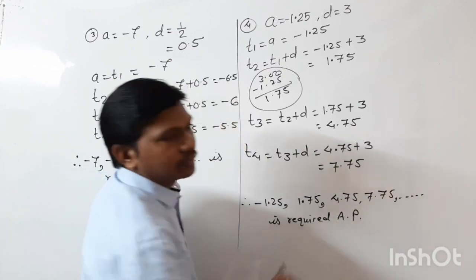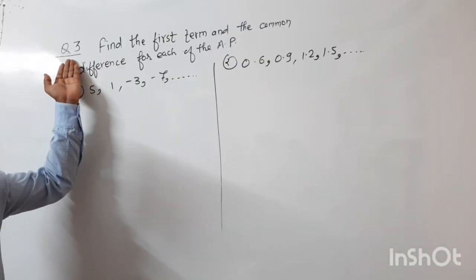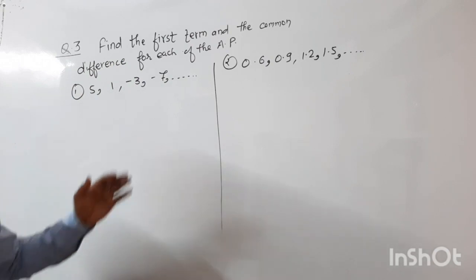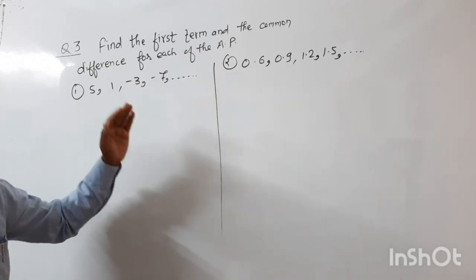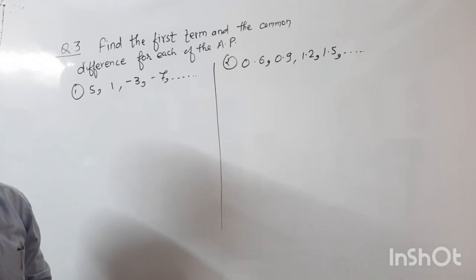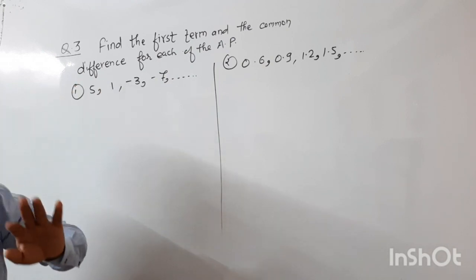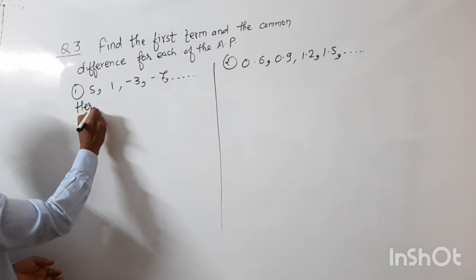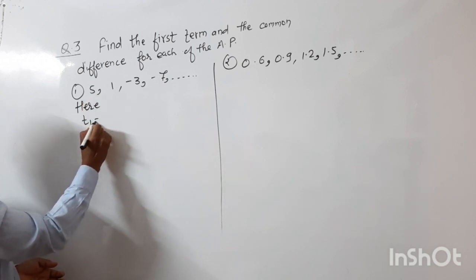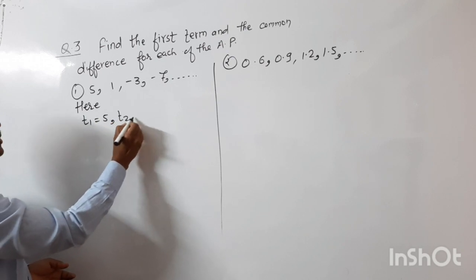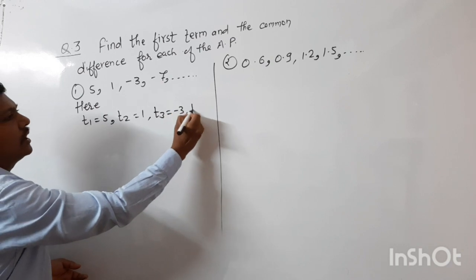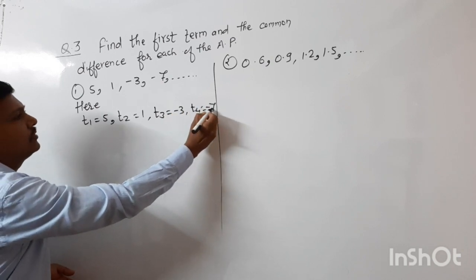AP. See question number 3, that is find the first term and the common difference for each of the AP. So here an arithmetic progression is given and the question is to find the first term and the common difference. So you know here the given terms: first term T1 is 5, T2 is 1, T3 is minus 3, and fourth term is minus 7.